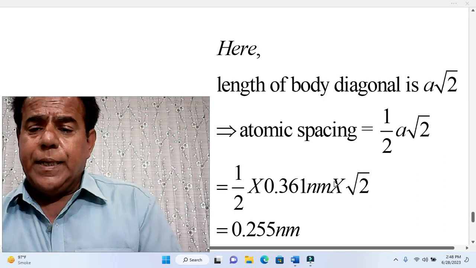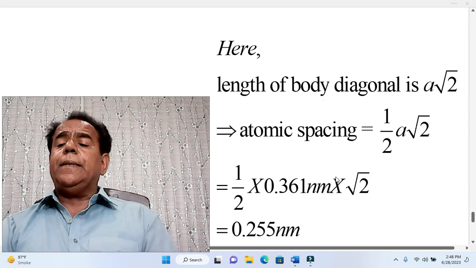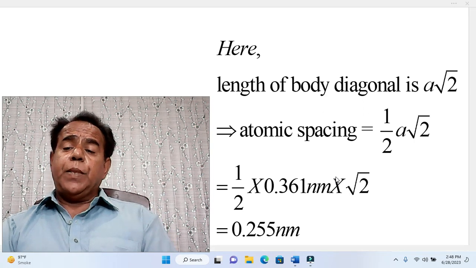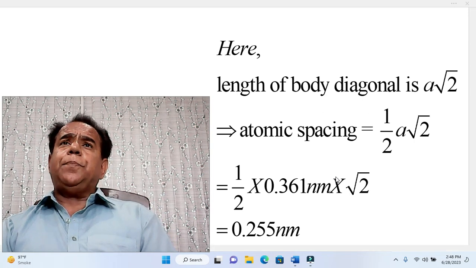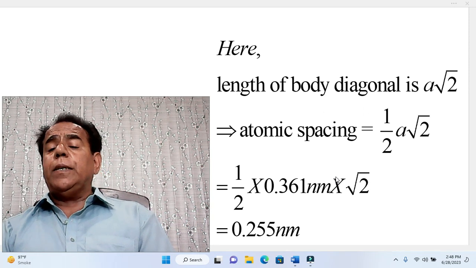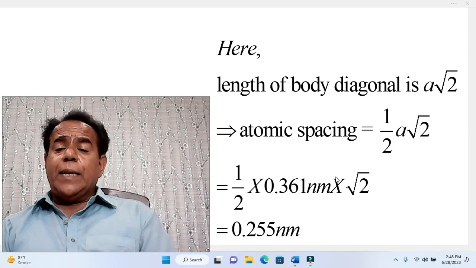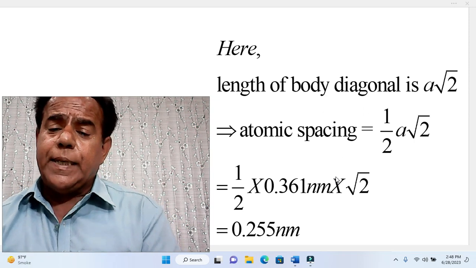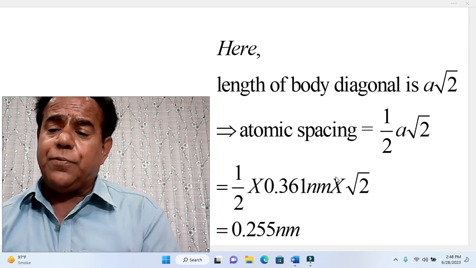Here the length of the body diagonal is a into root 2. In the previous problem this situation was a into root 3, but here the length of the face diagonal is a into root 2. Hence the atomic spacing is half of that.